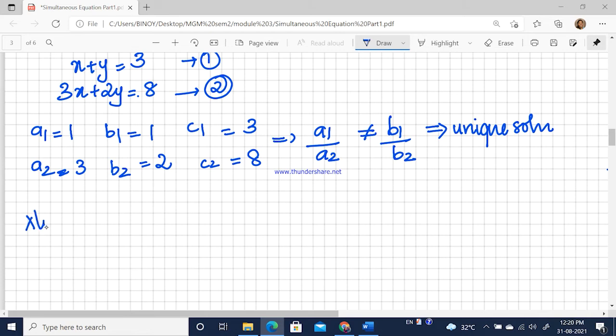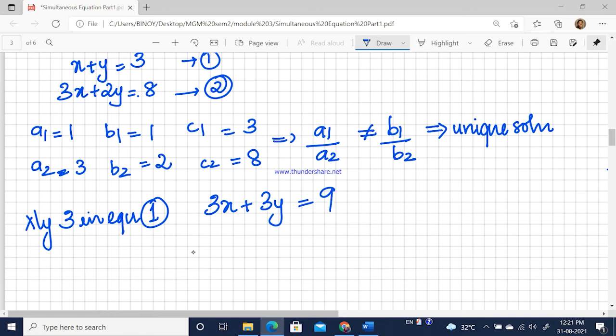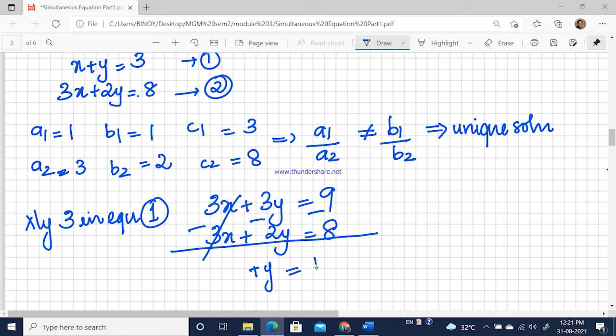Here I am going to multiply equation 1 by 3. So equation 1 will be 3x plus 3y is equal to 9, and equation 2 is 3x plus 2y is equal to 8. Now subtracting equation 2 from equation 1, x will be cancelled and the value of y is equal to 1.